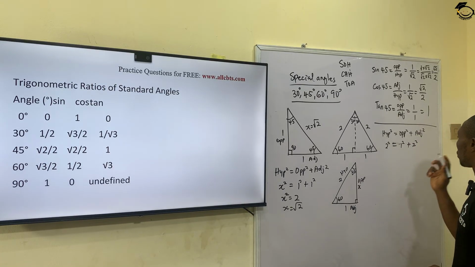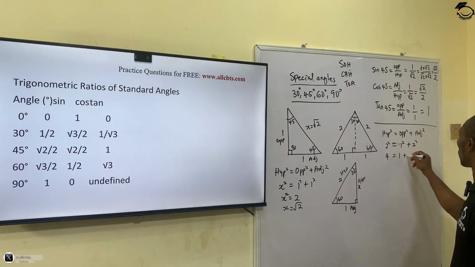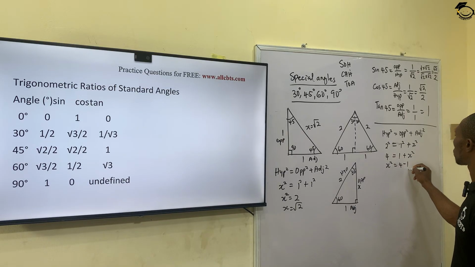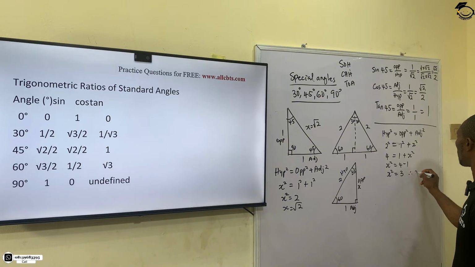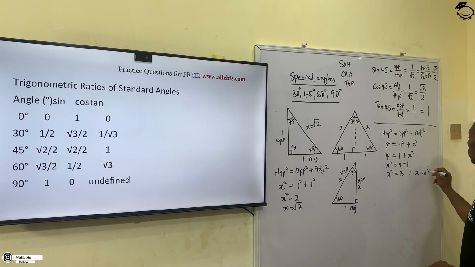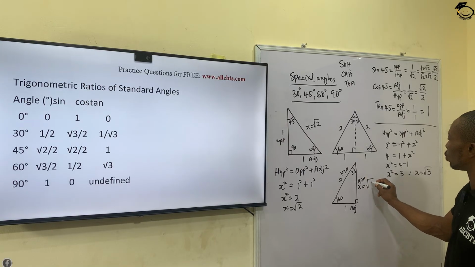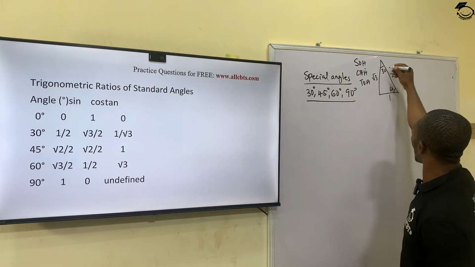Now 2 squared is 4, equals 1 plus x squared. So x squared equals 4 minus 1. X squared equals 3. Therefore, x equals root 3. So that means the value of x here will be root 3. All right, so let's find angle 30.